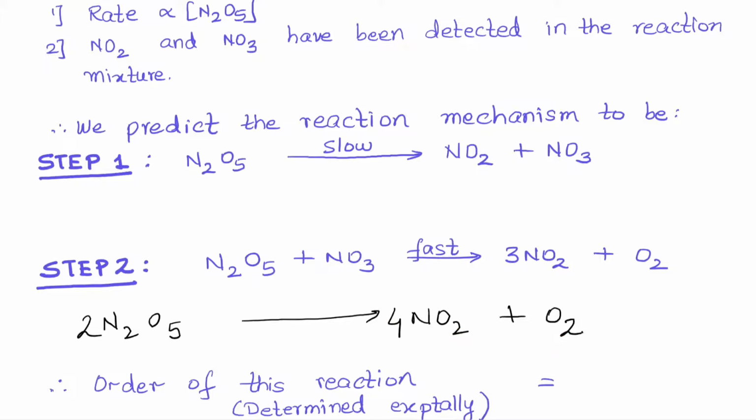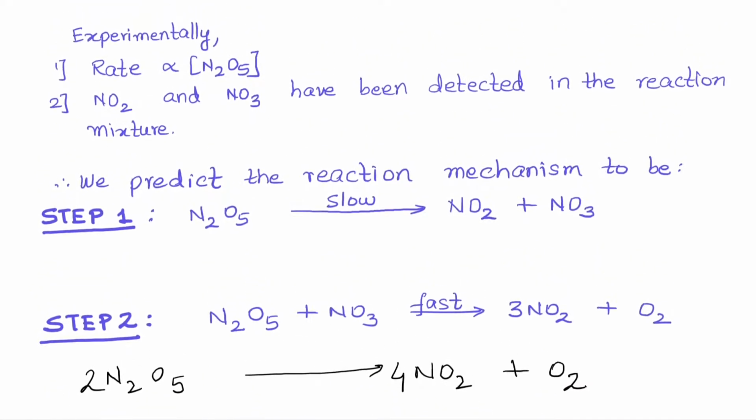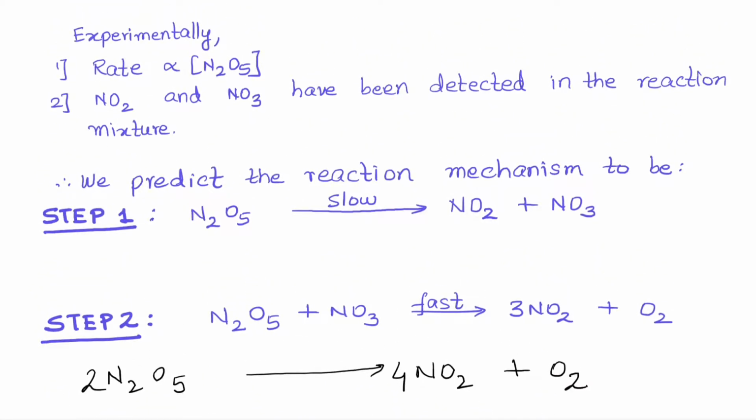Now what has been observed in this particular set of reactions is that experimentally we have seen that the rate of this reaction is directly proportional to the concentration of N2O5, dinitrogen pentoxide, and also during the course of the reaction we found intermediates NO2 and NO3 being formed.